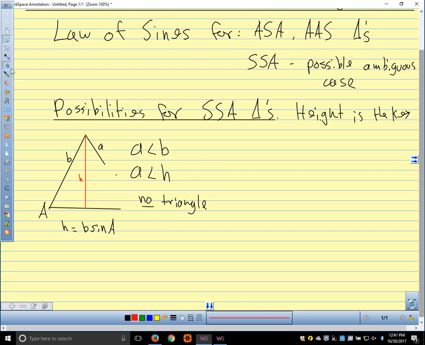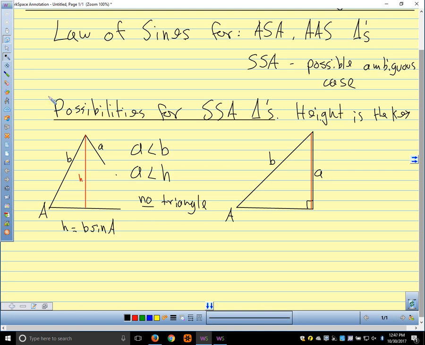The second possibility is we have something like this. And this is angle A, this is side B, and this is side A. Let me undo that, I want it to be perfectly vertical. There we go.